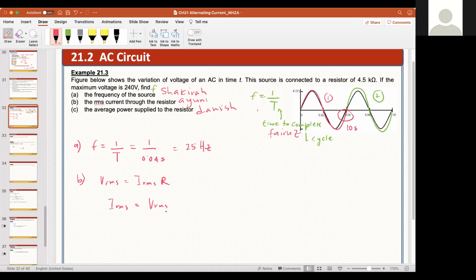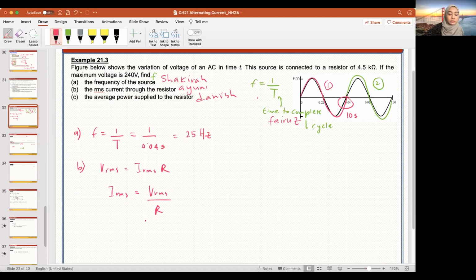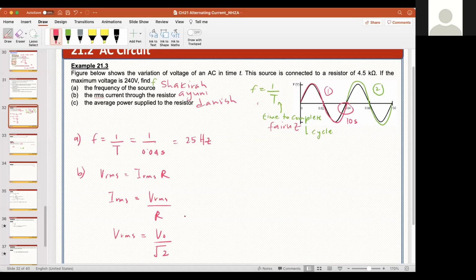So jadi VRMS over R. Lepas tu cari VRMS. Macam mana nak cari VRMS? V naught over square root 2. V naught dia dah bagi 240. So 240 divide by square root 2 equals to 169.71.